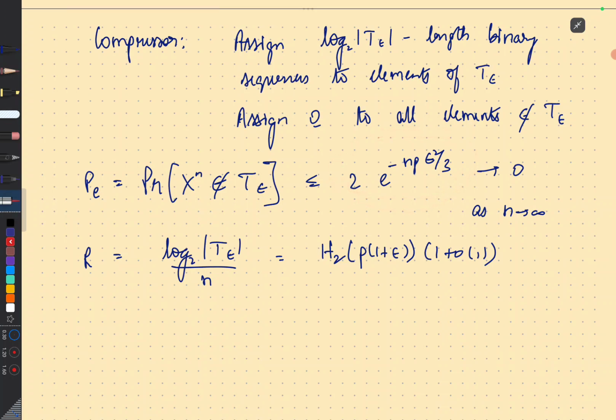So even if I choose epsilon to be 1 over log n, this quantity tends to the binary entropy as n tends to infinity. But just for convenience, we'll take epsilon to be some fixed positive constant that can be chosen to be arbitrarily close to 0. It's kind of the back off from the entropy.